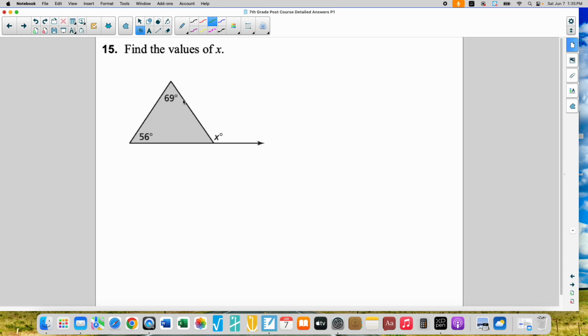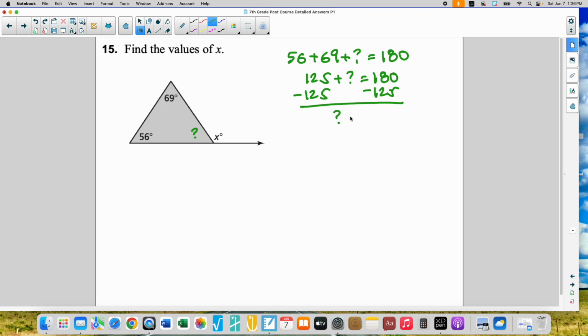Same thing here. The sum of these will give this a question mark. So 56 plus 69 plus the question mark should equal 180 degrees. We'll add these together. That's going to be 125 plus the question mark equals 180. Minus 125, minus 125, and you get the question mark equals 55 degrees.